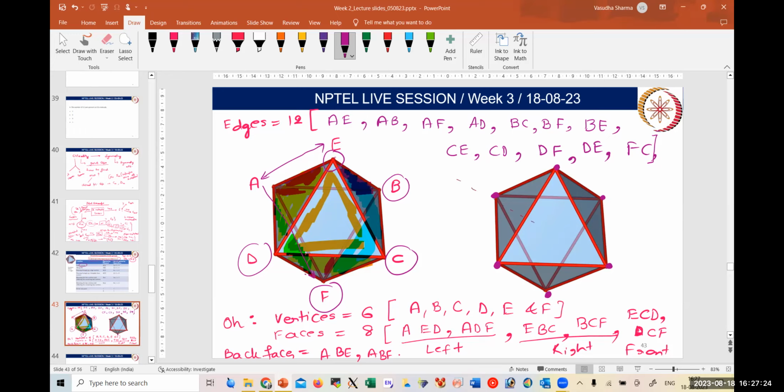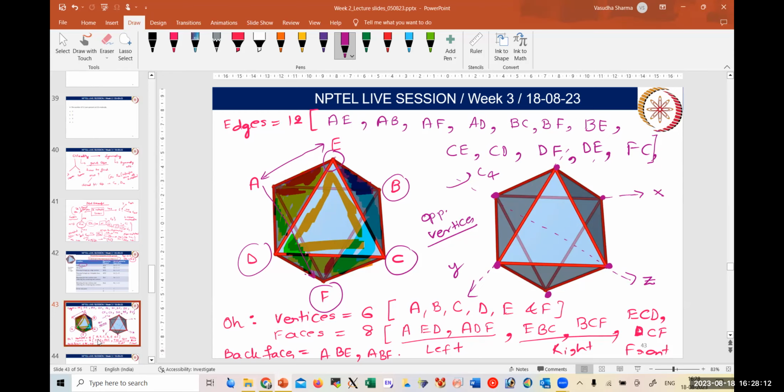And if I have a C4 through the opposite vertices and I rotate it by 90 degrees, I will get an equivalent orientation. So for example, if this is my z-axis, and corresponding to that this is one more, like y, and this particular way, x.